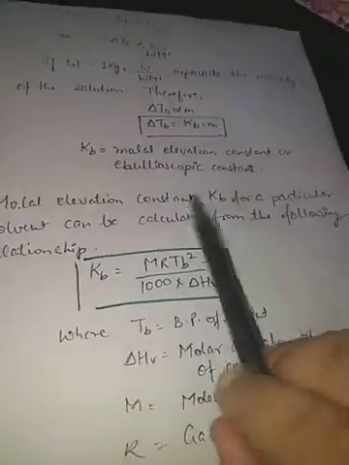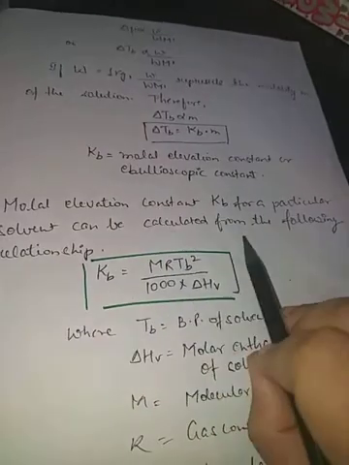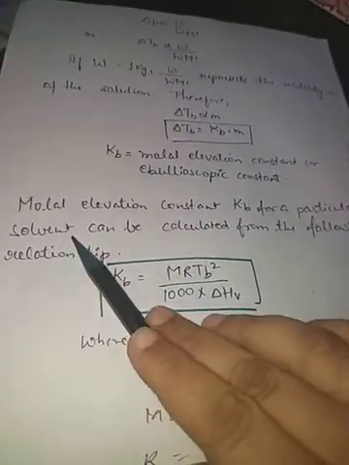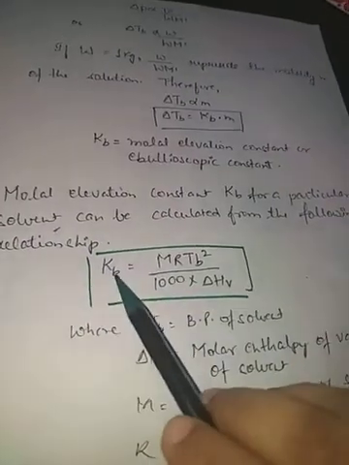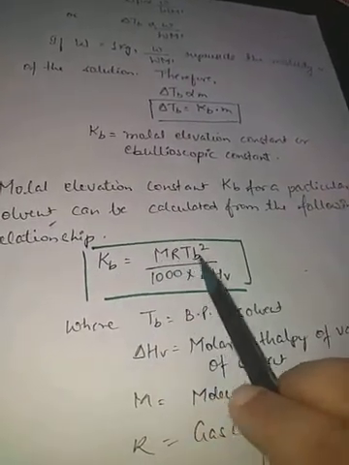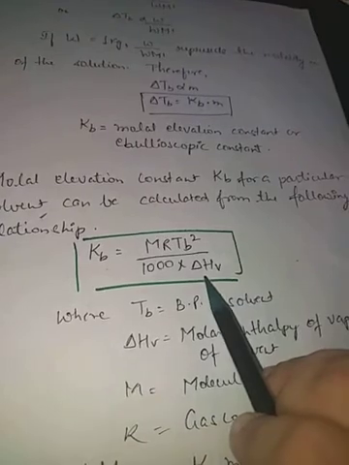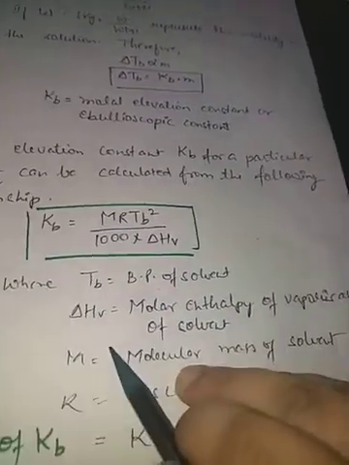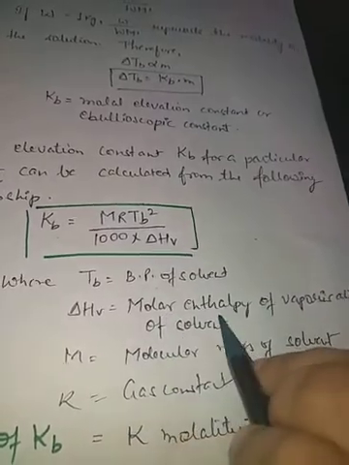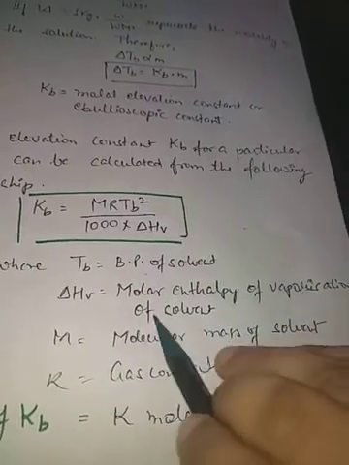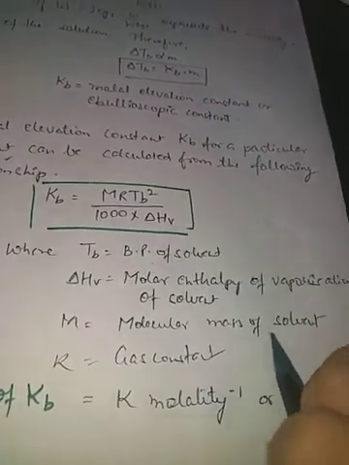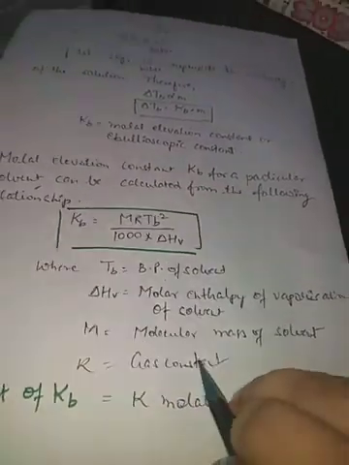Now for Kb, the molar elevation constant for any particular solvent, it can be calculated from the following relationship also. Kb is equal to M R TB square upon 1000 into delta HV, where TB is the boiling point of the solvent, delta HV is the molar enthalpy of vaporization of the solvent, capital M is the molecular mass of that particular solvent, and R is the gas constant.